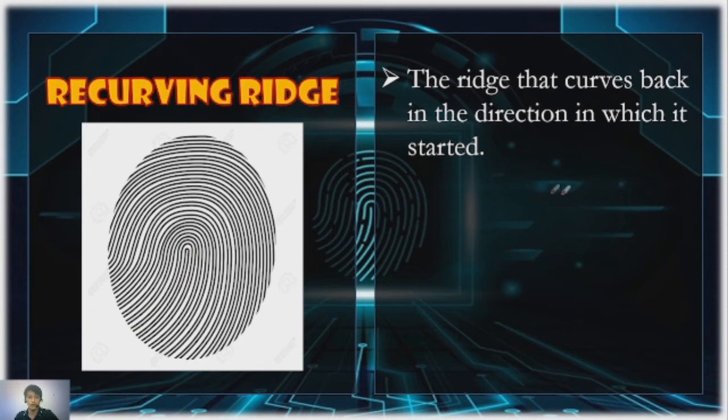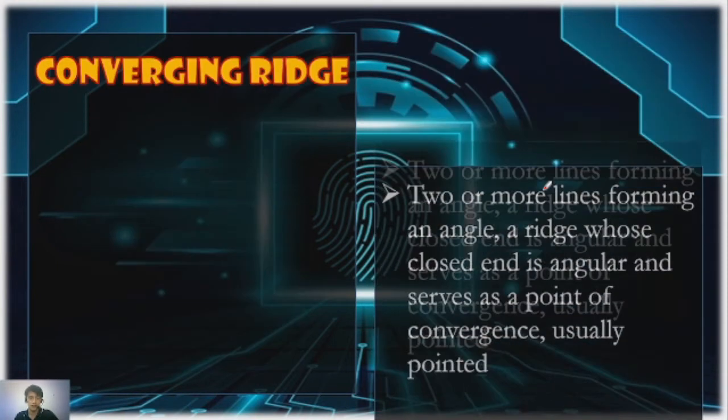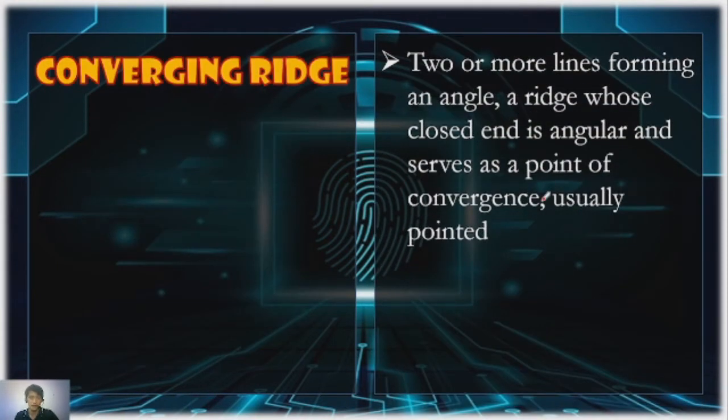Moving on, another ridge characteristic that we can see if we are going to examine a fingerprint is the converging ridge. Ano naman ang sinasabi nating converging ridge na ito? It says here two or more lines forming an angle, a ridge whose close end is angular and serves as a point of convergence, usually pointed.